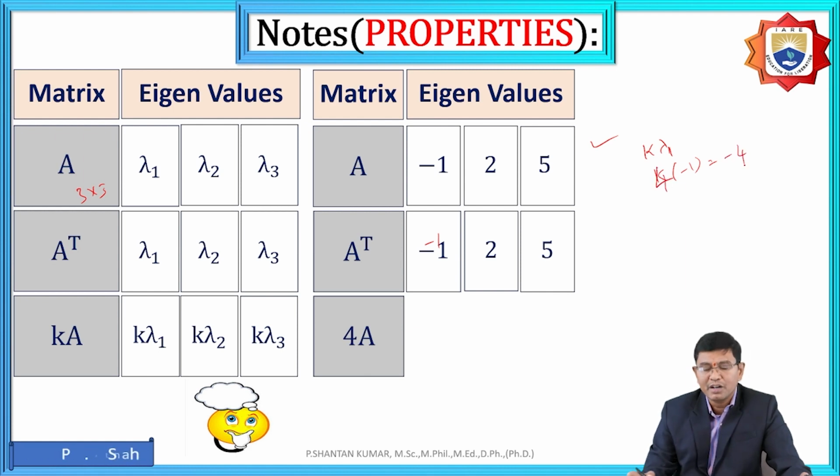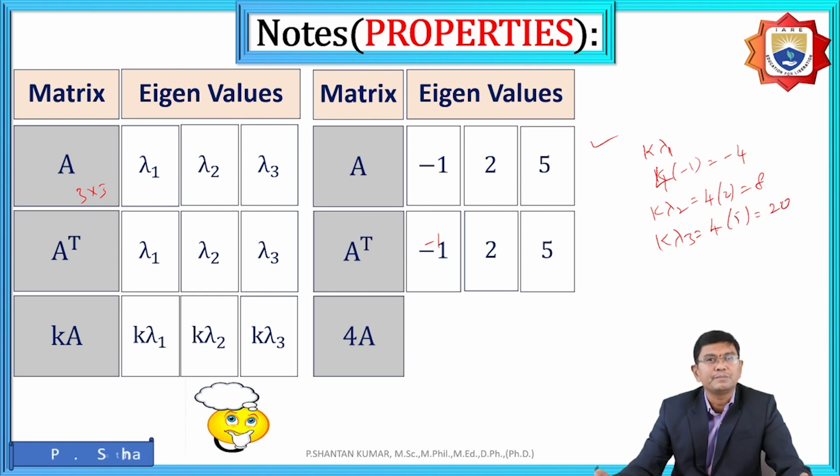Then k lambda 2 is 4 times 2, that is 8. And k lambda 3 is 4 times 5, that is 20.